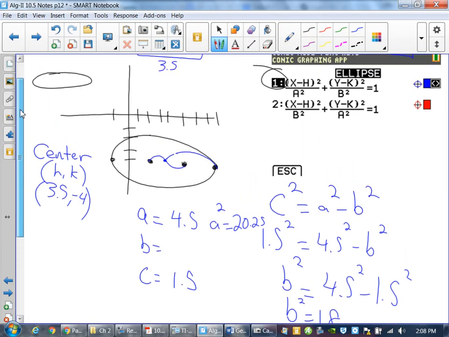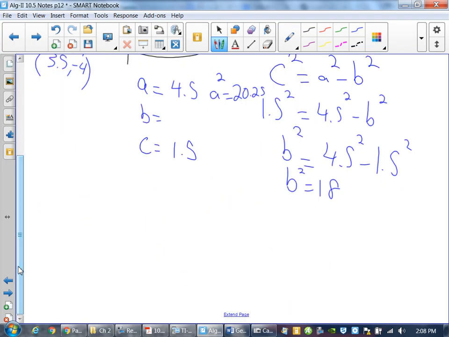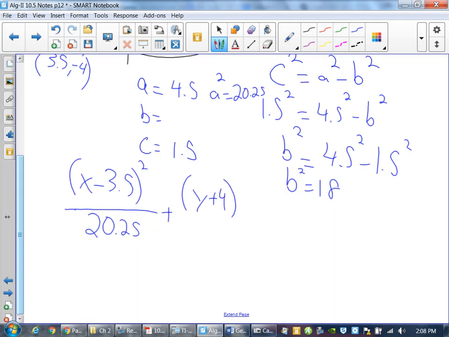It was stretched left and right, which means the a squared is underneath the x. So (x minus 3.5) squared over 20.25, plus (y plus 4) squared over 18, is 1. You're done.